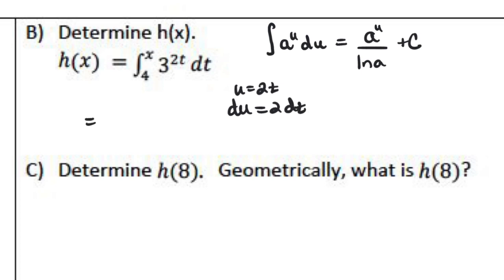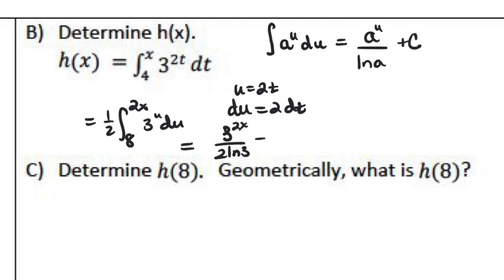Substitute, and we will get 1/2 the integral from 8 to 2x of 3 to the u du. Continue with your work, and you'll end up with 3 to the 2x over 2 natural log 3 minus 3 to the 8th over 2 natural log 3.